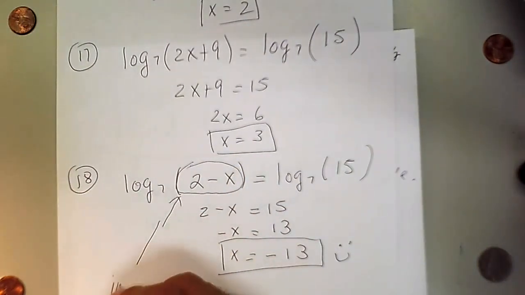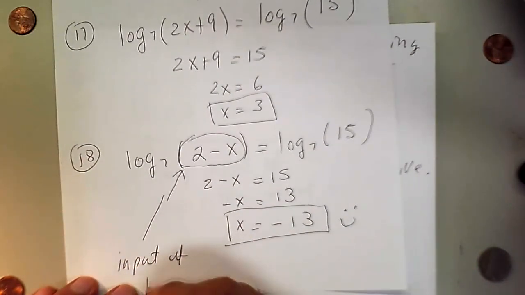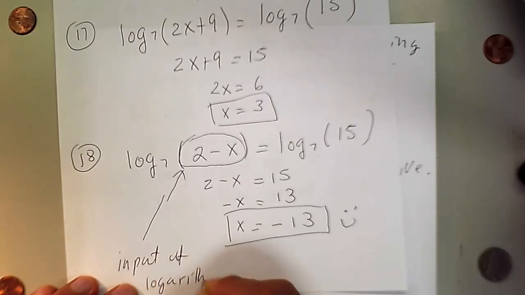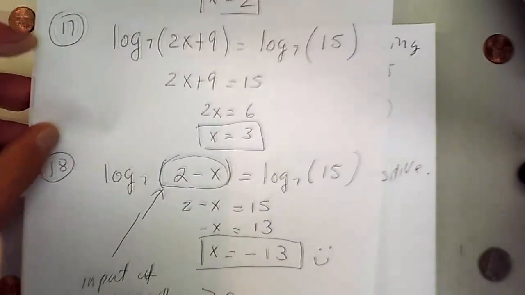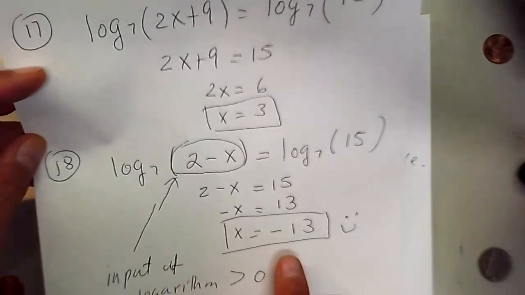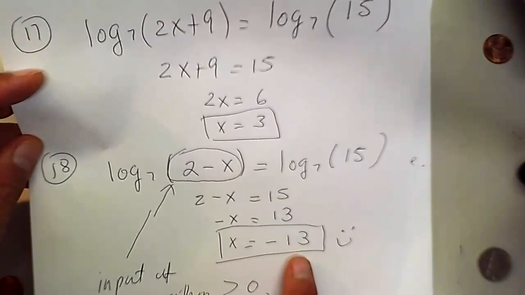So this is the input of the logarithm. And what is important is that that has to be greater than 0. So we will get to the point where we need to reject an input.